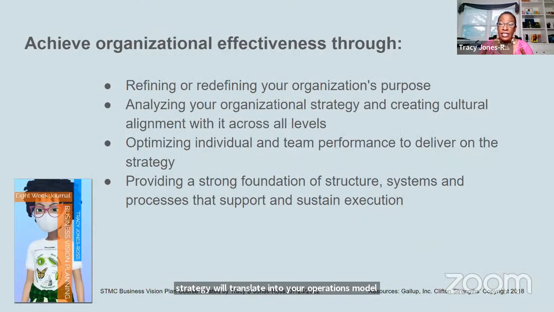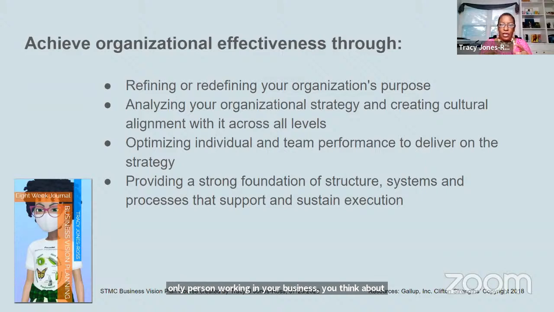Achieving organization effectiveness through the following four things. First, by refining or redefining your organization's purpose. Why are you here? Second, analyzing your organization's strategy and creating cultural alignment with it across all levels. And cultural alignment, even if you're your own sole proprietor and the only person working in your business, think about that when you're going out to vendors.